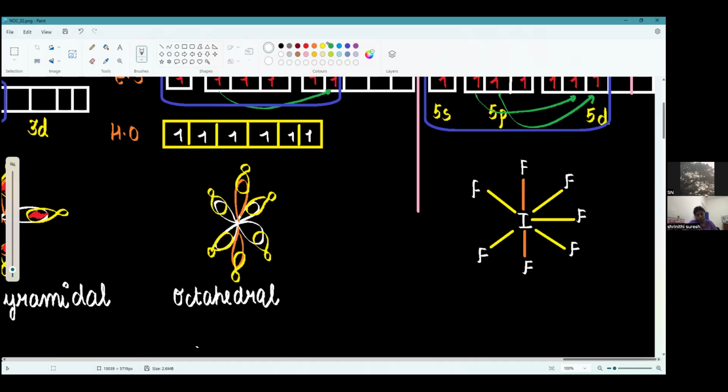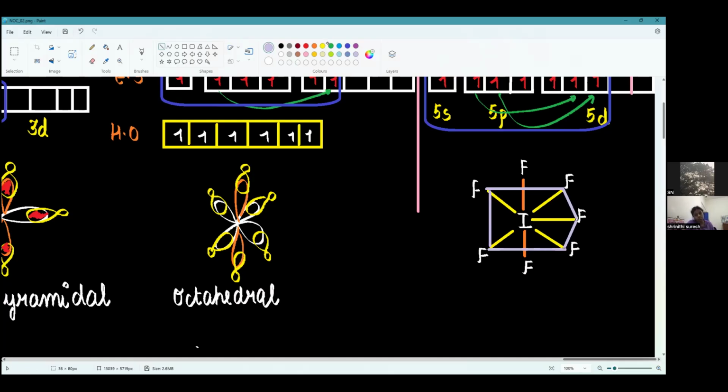And if you join this, you're going to get a pentagon shape. See, join all of this. You see this pentagon, and then you have one bond above and one bond below the plane.